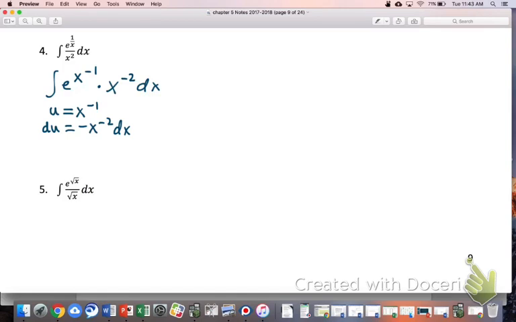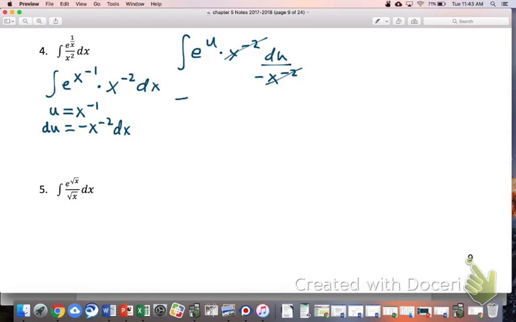All right, so I can then go back and substitute where I get e to the u times x to the negative 2, and then dx could be replaced by du over negative x to the negative 2. So hopefully you can see that the x to the negative 2's would cancel, leaving you with simply a division by negative 1.